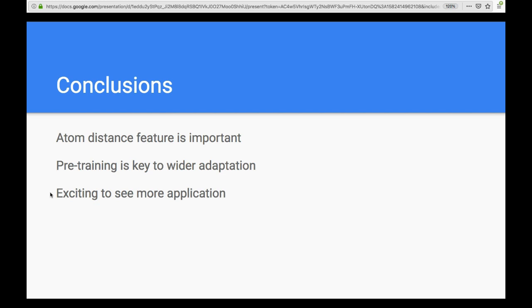And it's also very exciting to see how people apply this kind of work, and there will be more and more applications, I believe. So yeah, that's all for today. It's a very intriguing and inspiring paper.